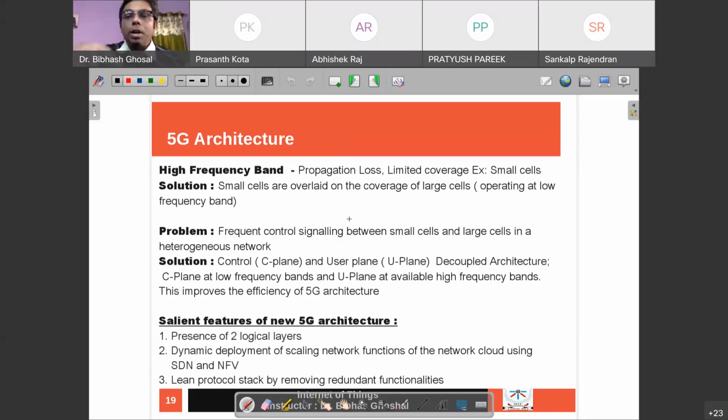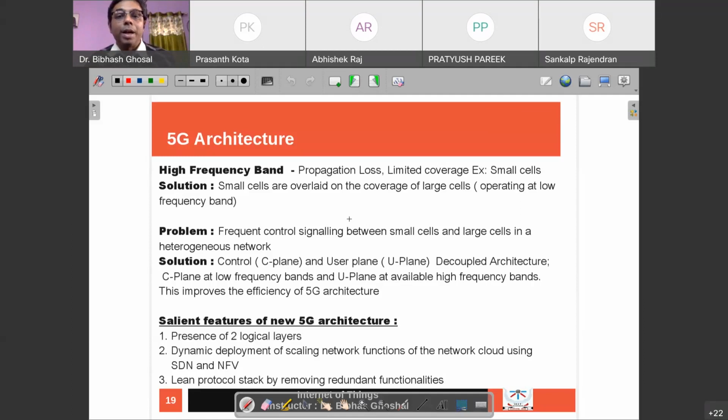The small cells will be working on low frequency and large cells will be operating at high frequency. But switching between these low frequency and high frequency is also a very difficult task. That is the reason why there is a need for separating out the control plane and the user plane, very similar to how we do in the case of SDN.